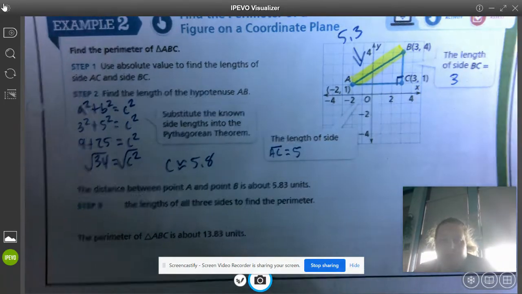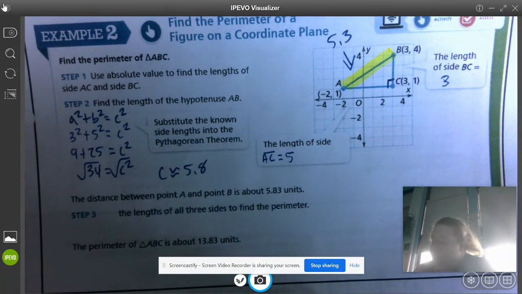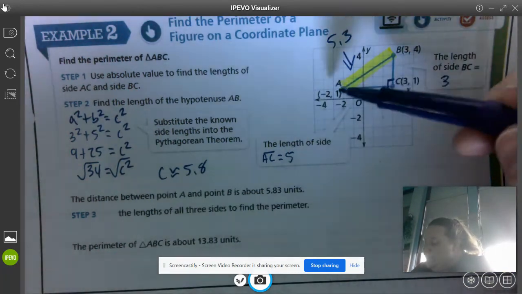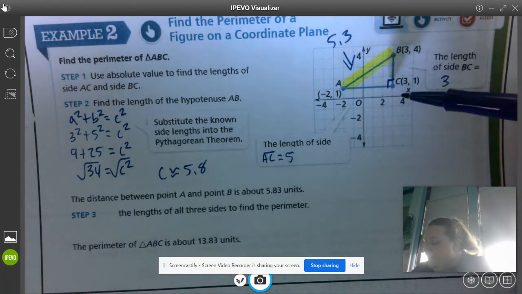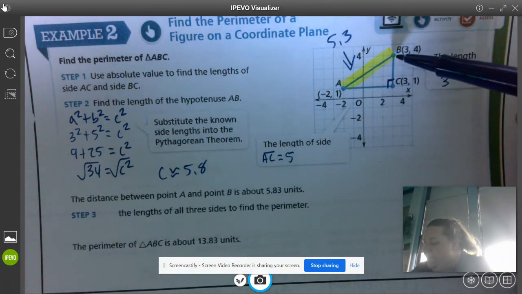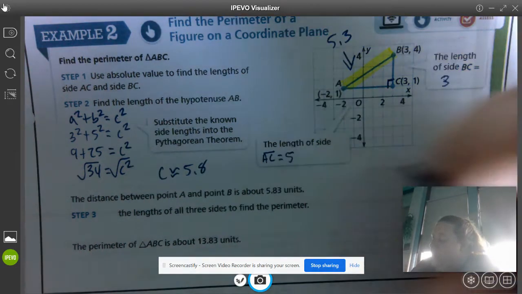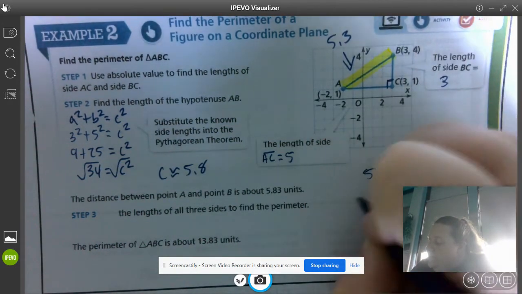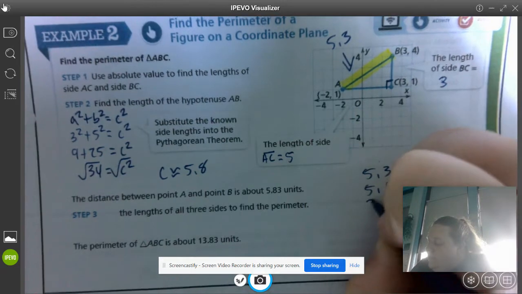The question asked us to find the perimeter, so we need to figure out what perimeter is. Well, perimeter is the distance around a shape. So I know this side length, I know this side length, and now I know this side length. All I need to do is add these all together.